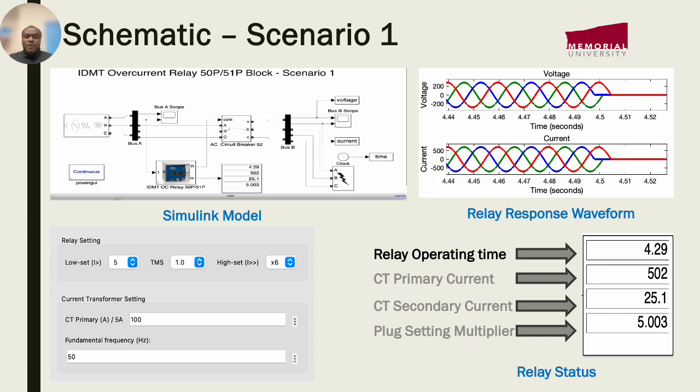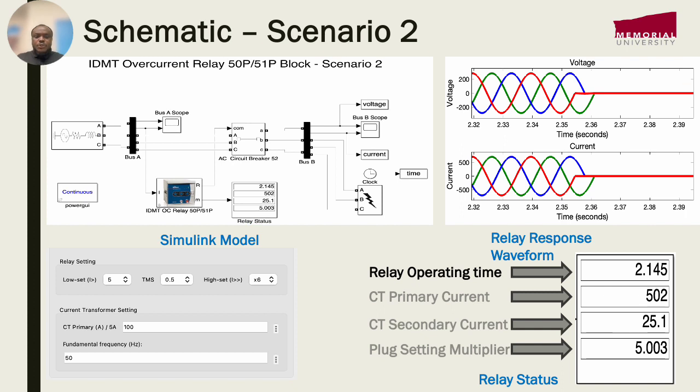Let's move to scenario 2. In scenario 2, we changed the TMS, which is the time multiplier setting. We kept the lower setting of the relay constant, and all other things remained constant.